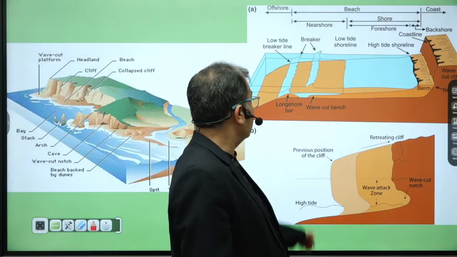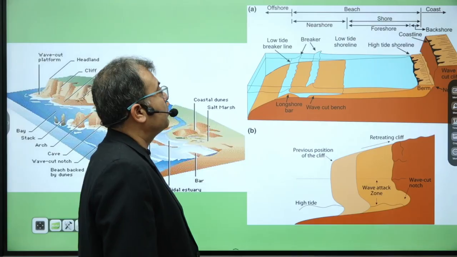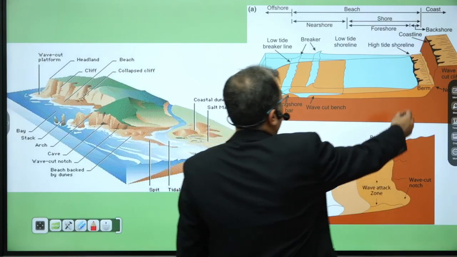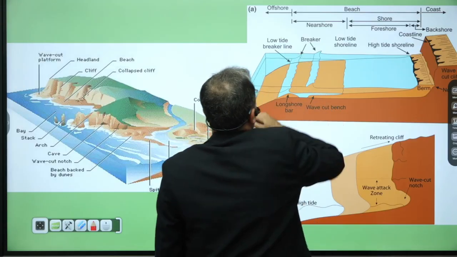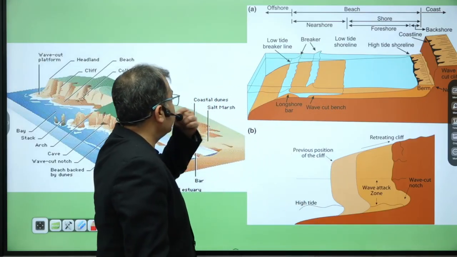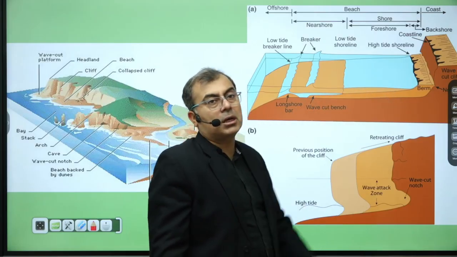Get that? So waves are coming. And then what do we have? The place where people are there, you will find that there is a low tide shoreline, a high tide shoreline. So low tide में पानी यहाँ तक आ जाता है, फिर उसके बाद high tide में the water goes up also.